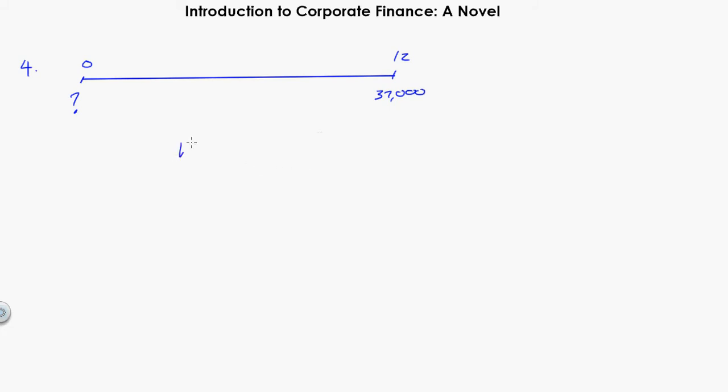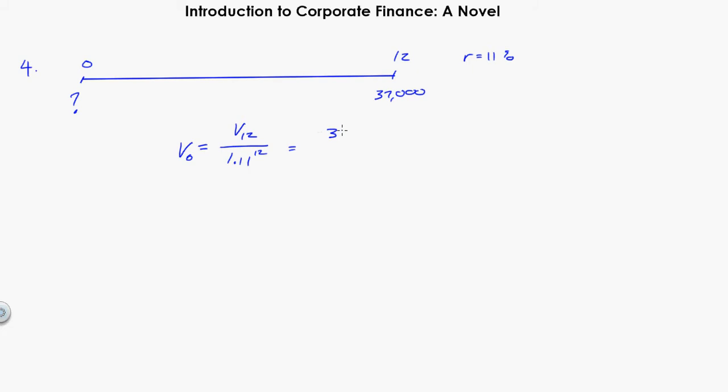So I can say the amount he has to have today, the value in the account today, or the present value, is equal to the value at year 12, we call that the future value, divided by, and the interest rate the bank is going to pay is 11%, so divided by 1.11 to the 12th.